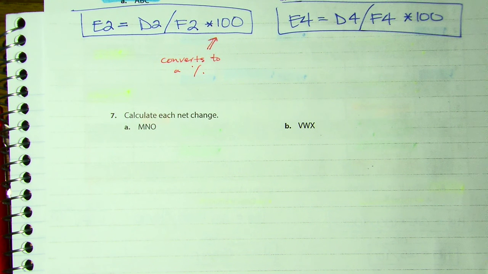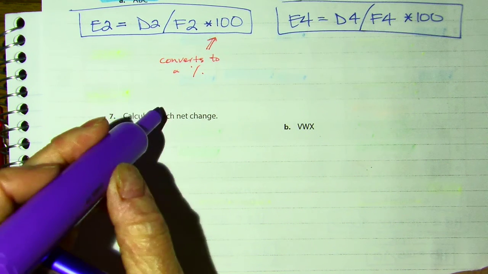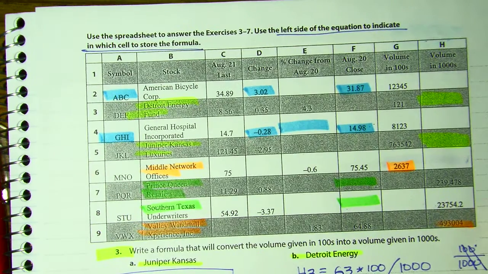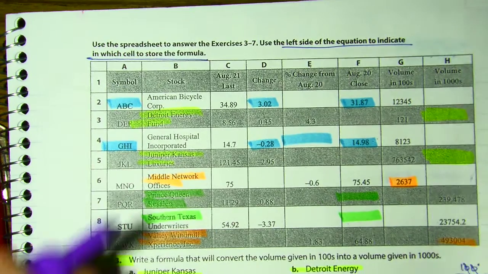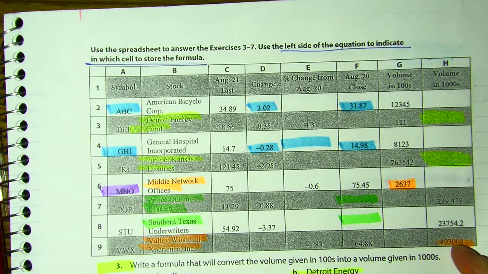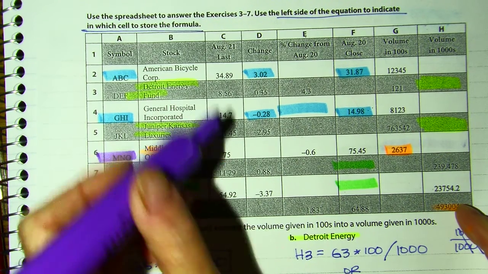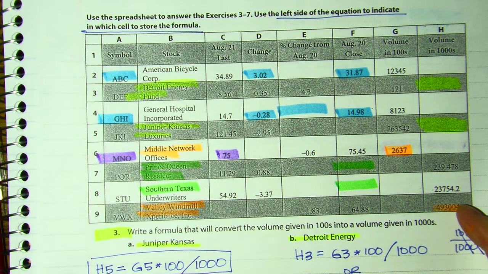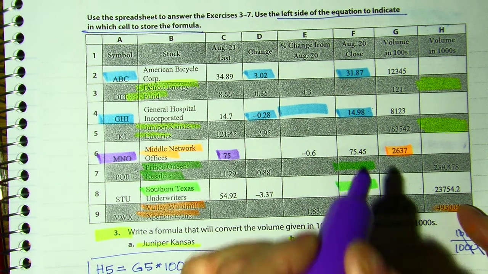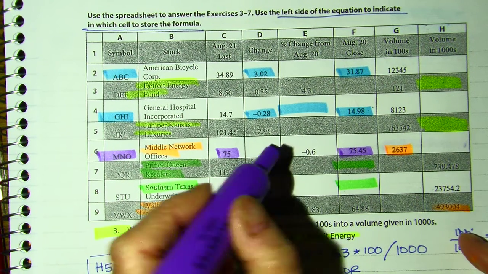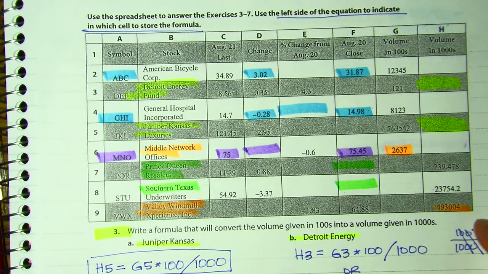Calculate the net change. I'm going to color code this one in purple. The net change, and this is for M and O. So I'm again on M and O. The net change would simply be the difference between the August 21st last and the close. And net change is in box D6.